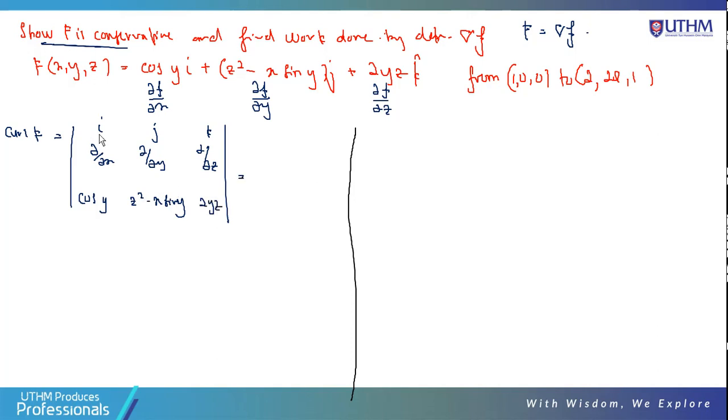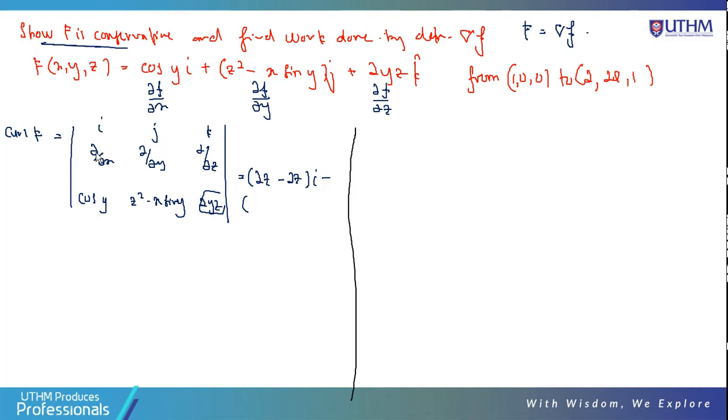So you solve it: cover the i, then partial this with respect to y, and this one partial with respect to z. This one partial with respect to y gives 2z, minus this one partial with respect to z, so you get 2z i.